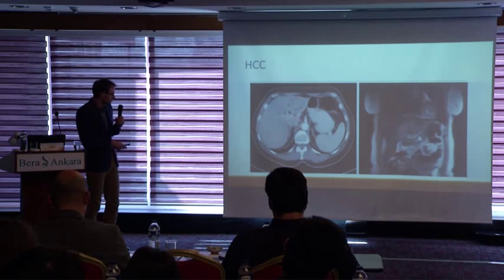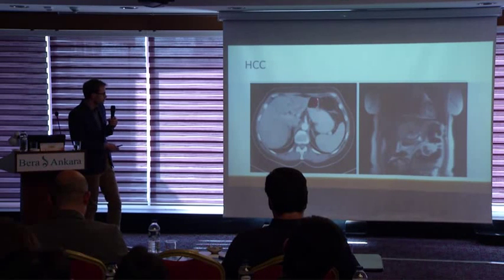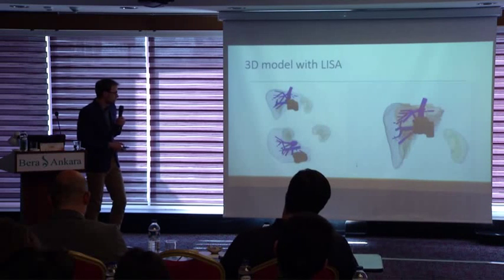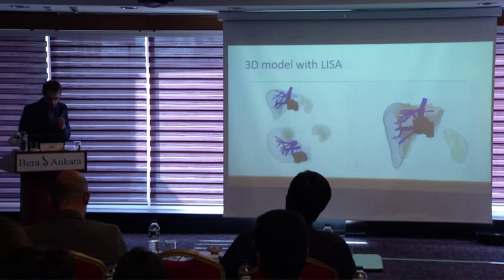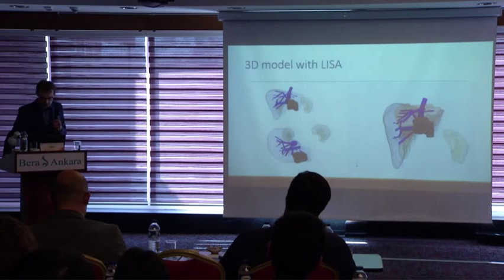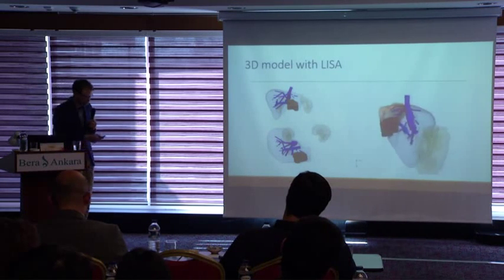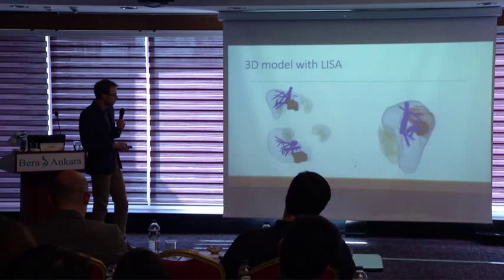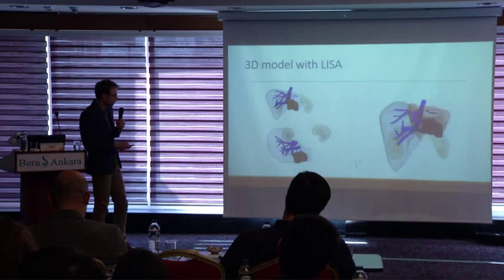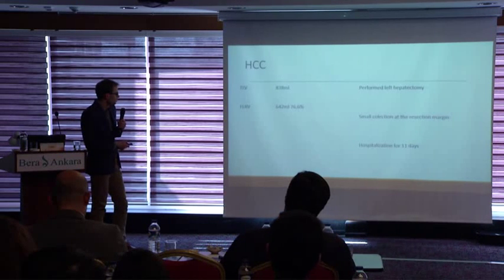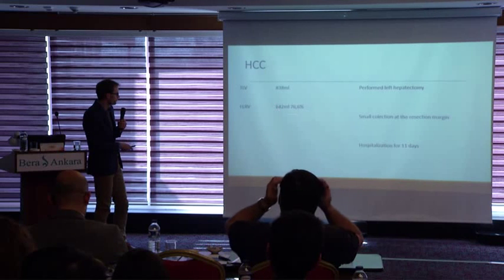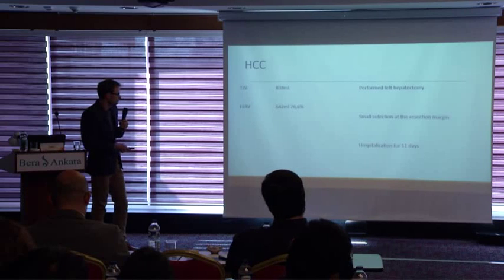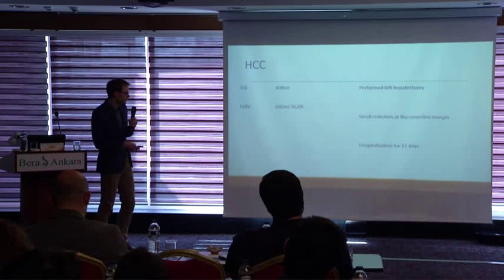Second patient with hepatocellular carcinoma, here you could see the tumor in segments 2 and 3. Again, we have the picture from our ELISA system, and here we planned to perform a left hepatectomy, because as you could see here, the future liver remnant volume was adequate for this resection, so the left hepatectomy was performed.